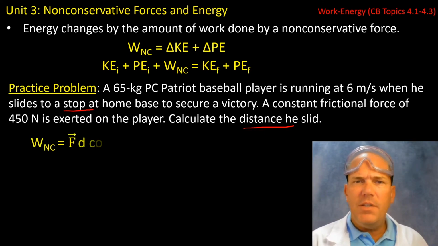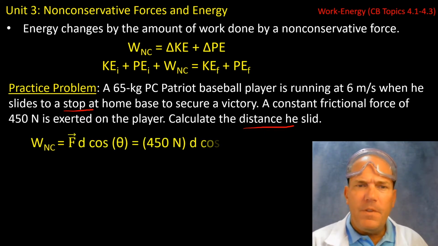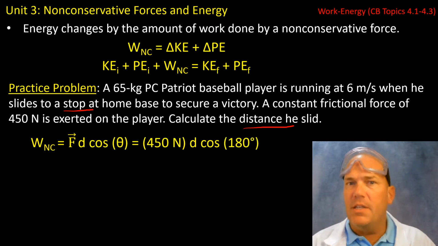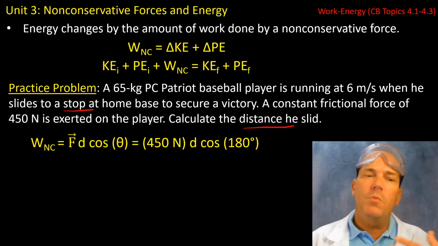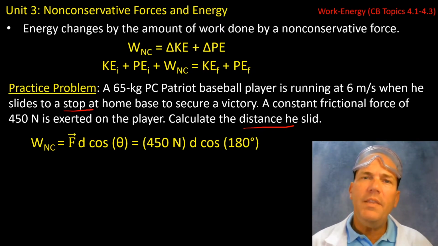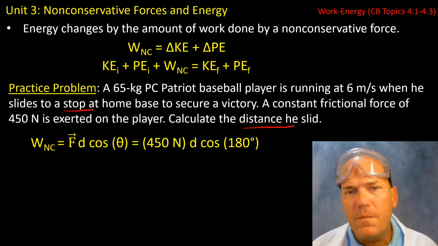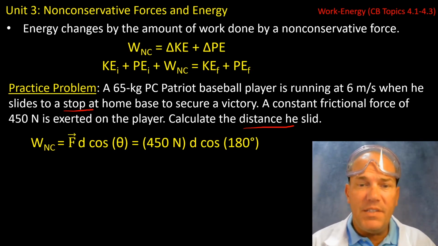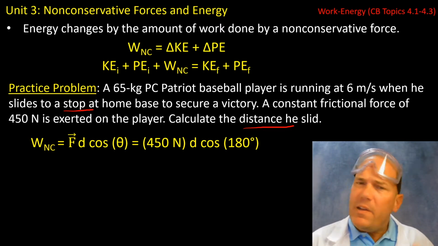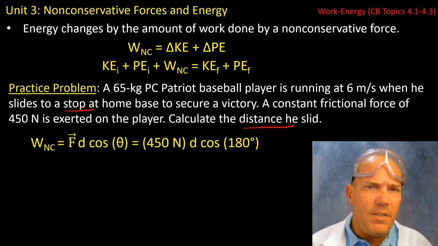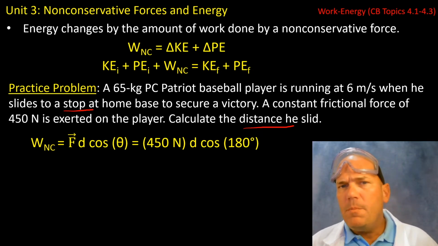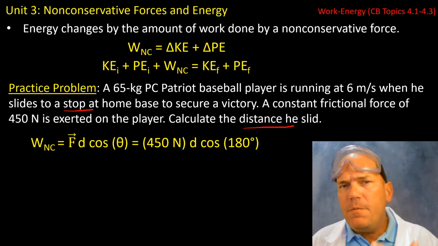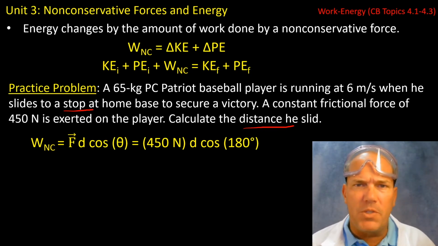So this is a little different than what you've seen in the previous lessons. If we look at the work done by friction in this instance, and we use the work equation, we can then plug in our value of 450 newtons given in the problem. We're trying to solve for the distance d, and then where does this cosine of 180 degrees come from? Well, the player's running and sliding in one direction, and friction always opposes the motion.